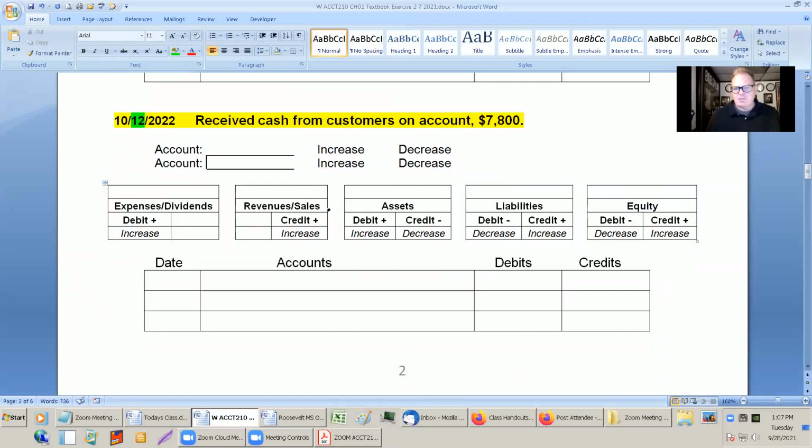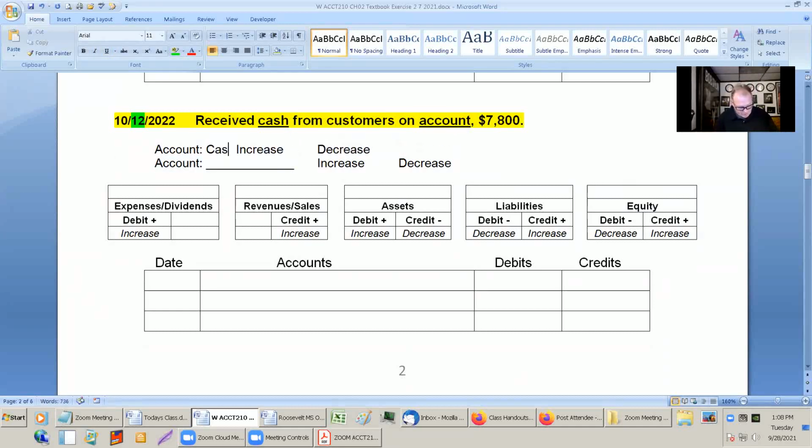Okay, receive cash from customers on account. What are the 2 accounts we're going to use? Cash, accounts receivable. Good. The account here is accounts receivable. They owe us money, and now they're paying it. Cash.